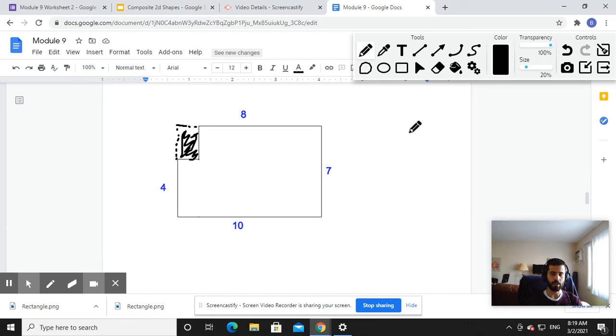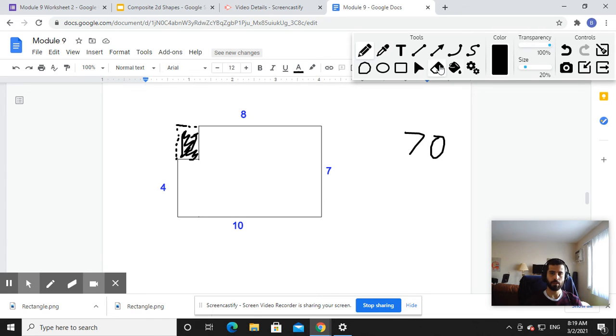I was saying triangle earlier, sorry about that. So we can start with just 10 times 7, base times height, for this whole thing. And 10 times 7, hopefully you know off the top of your head, is 70. And then we're going to subtract this part that's filled in to get the area of just this composite shape right here.